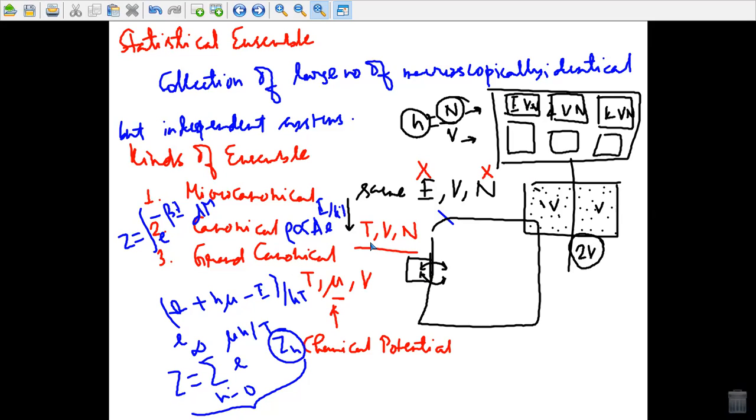And the partition function Z for the microcanonical ensemble is delta of gamma. In the case of the canonical ensemble, it is the integration of e to the power minus beta E at gamma, and for the grand canonical ensemble, capital Z equals the sum over n equals 0 to infinity of e to the power mu n divided by kT times Zn. So this Zn is the same as for the canonical ensemble.